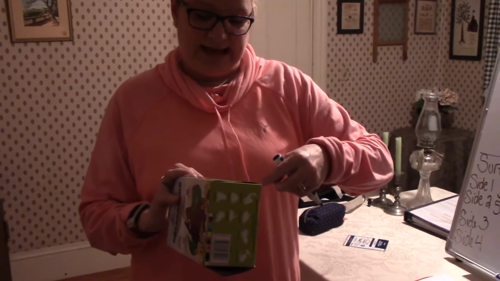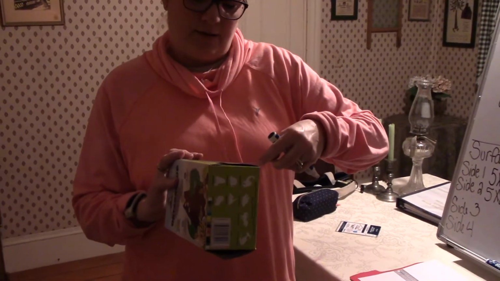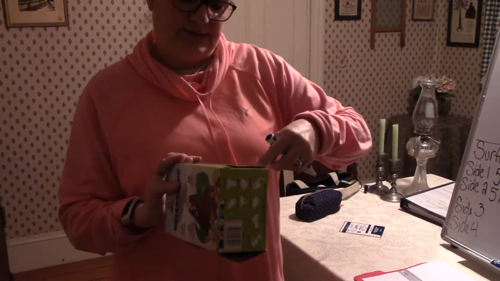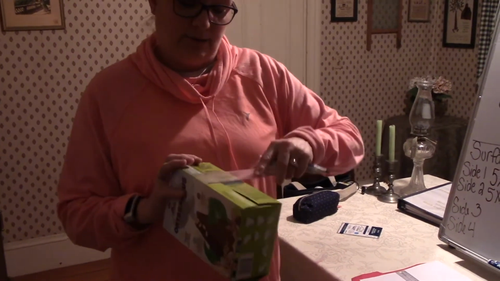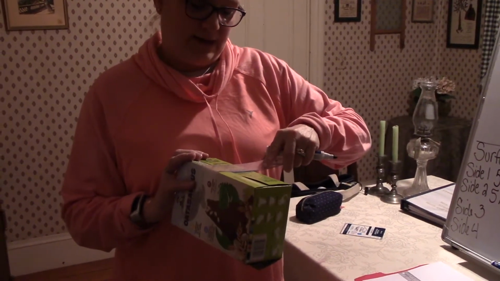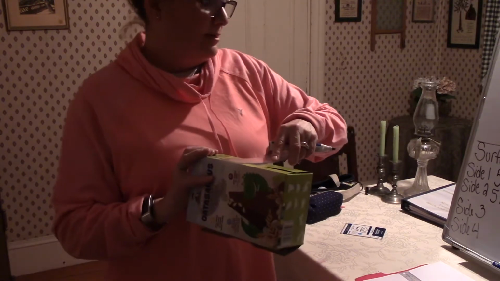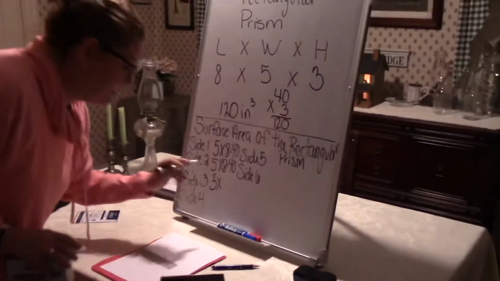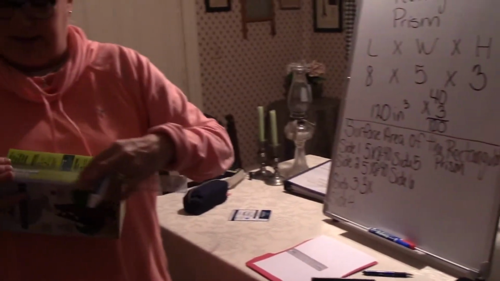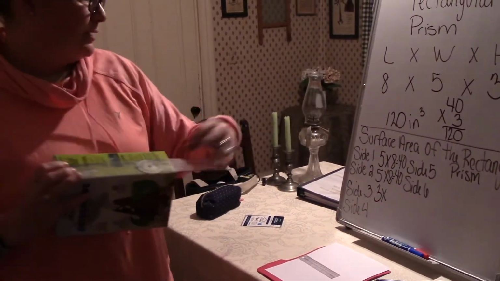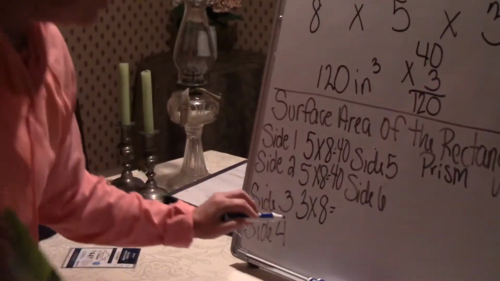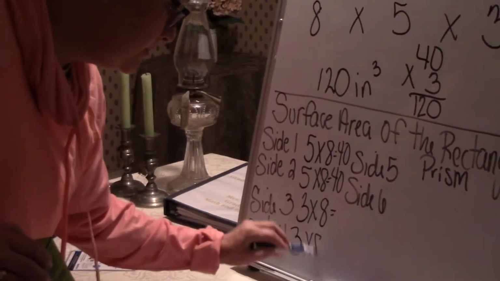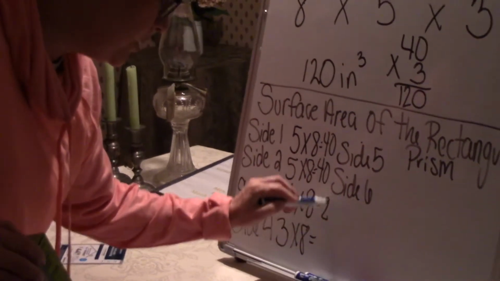So this is a, let's see, it looks like the height that we said here was 3. So this is a 3 by, well, this is the length measurement, and we know the length measurement was 8. So this is a 3 by 8. And we have 2 of them. And 3 times 8 is 24.